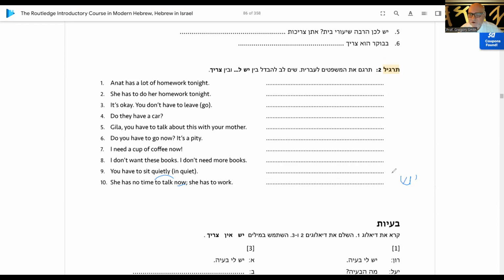Okay, so yesh, and then to her, we're going to put there is to her. Yesh la. And then no is just simple lo. And then time is going to be zaman. So yesh la lo zaman. There is to her no time. And then the word for talk is ledaber.